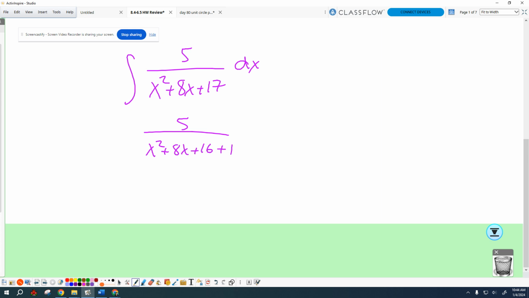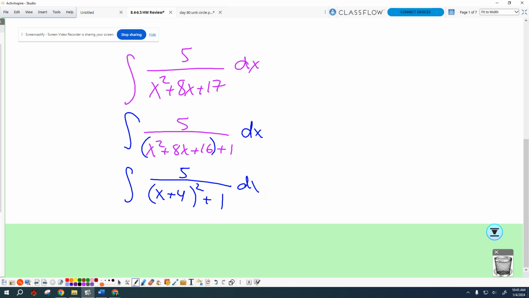Why is that helpful? Because then you can factor it without the 1. How does that factor without the 1, and why do we want to do that? You guys see it yet? What is it? The inverse function.